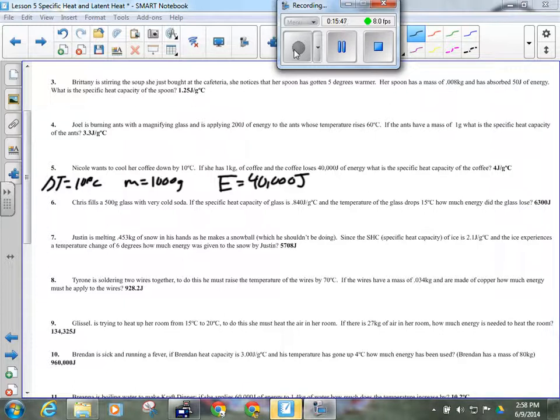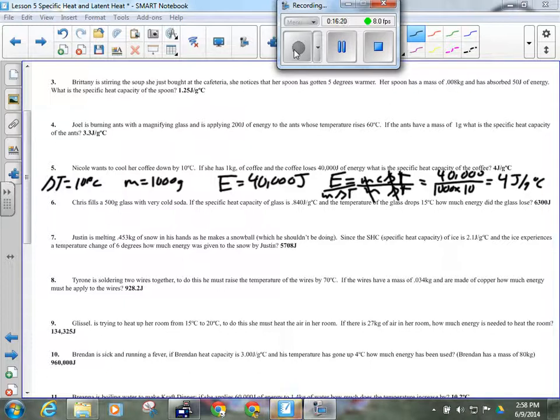So I have delta T, I have M, and I have E. I'm looking for C. I divide both sides by M delta T because I have both of those, and I plug in my numbers. 40,000 divided by 1,000 times 10 degrees gives me 4 joules per gram degree Celsius.